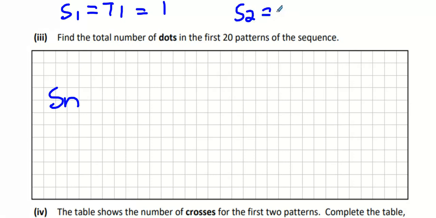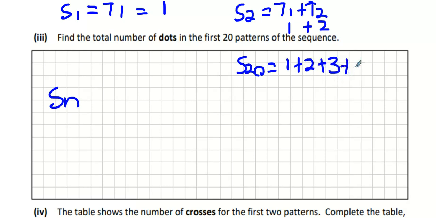S2 is the same as T1 plus T2, so that's 1 plus 2. What do you think S20 is going to be the same as? 1 plus 2 plus 3 plus 4 plus ... 19 plus 20. You see the way we have to go all the way up?